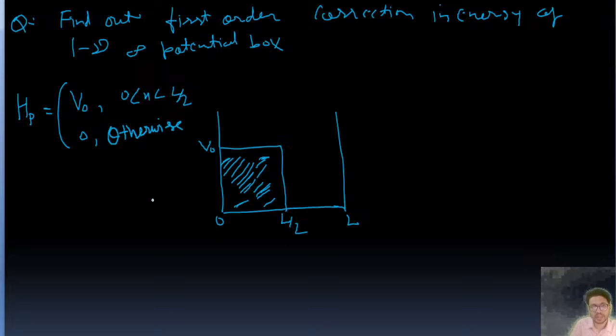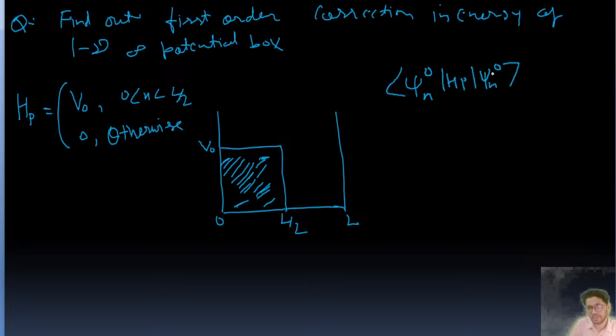So we can use the proper method for this, right? For the infinite potential box, we know the ground state wave function of the infinite potential box, right? Then we'll find the expectation value, psi n naught HP psi n naught, right?